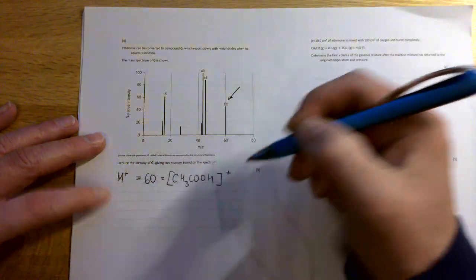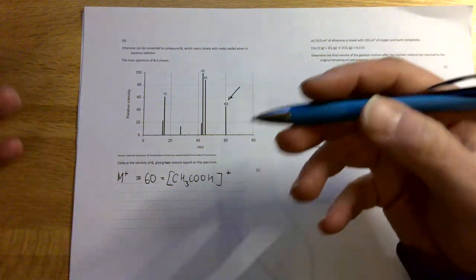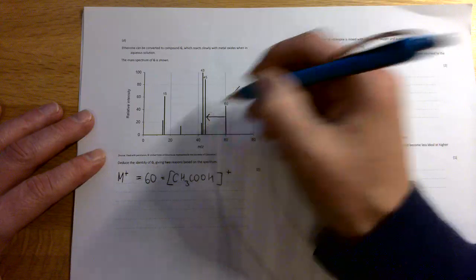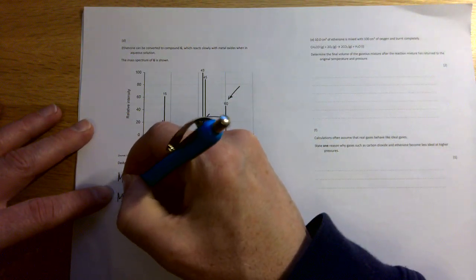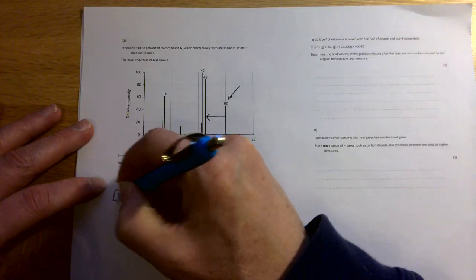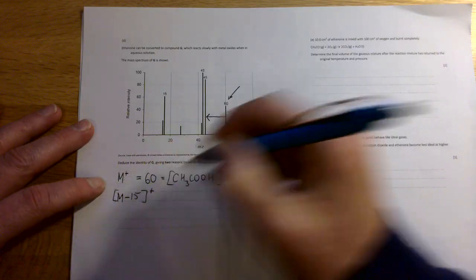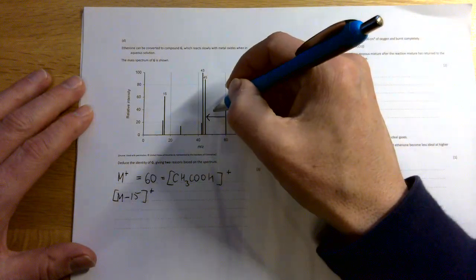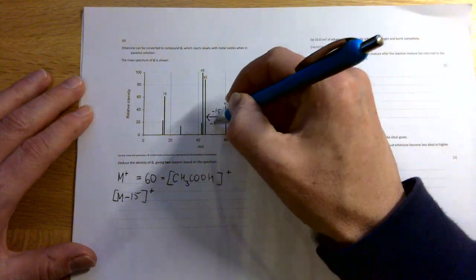These ions in mass spectrometry are incredibly unstable and fall apart, and you see fragment peaks from them. There's a peak at 45 in there, and you could have written it like this: M minus 15. It's a loss of 15. You should have written it like that, or recognized that the loss of 15 is due to the loss of CH3.